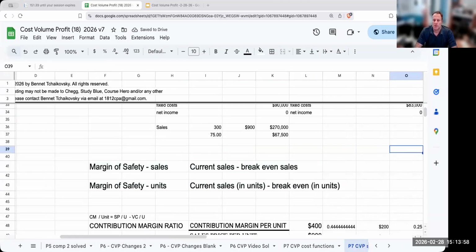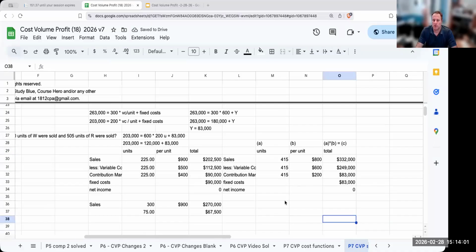So do the same over here for product R. For product R, I'm told that I sold 505 units. This was selling for $800 per unit. So my margin of safety in sales dollars is going to be my sales at my current level of production minus the sales at break-even, or over here, it's 72,000.